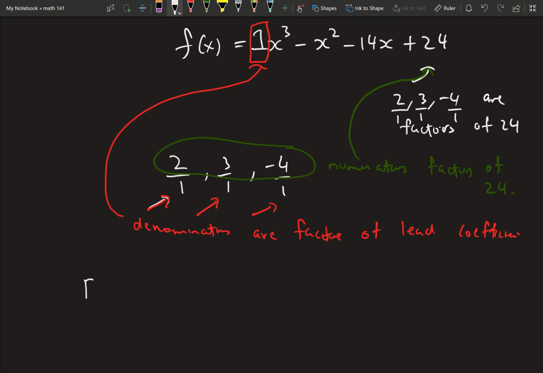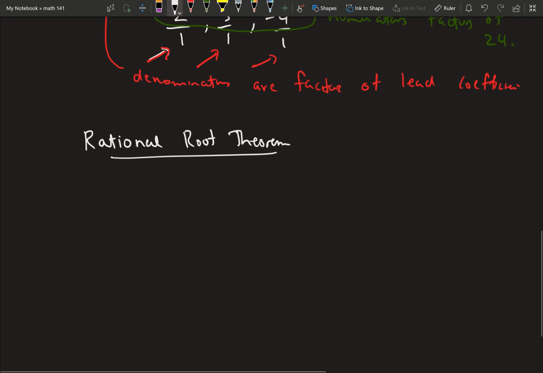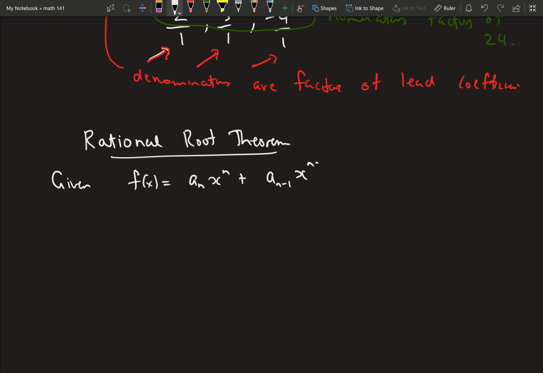So let's state the theorem now, a little bit formally. Rational root theorem. What does it say? Well, given f of x equals a sub n x to the n plus a sub n minus 1 x to the n minus 1 plus so on and so forth, a1 x plus a0.